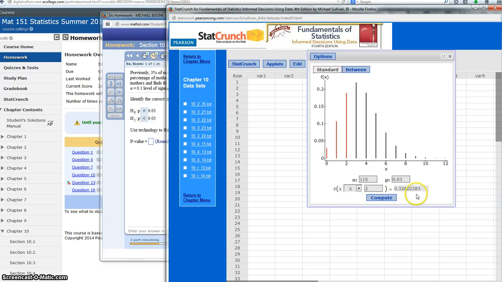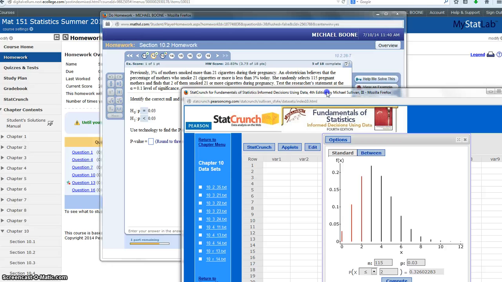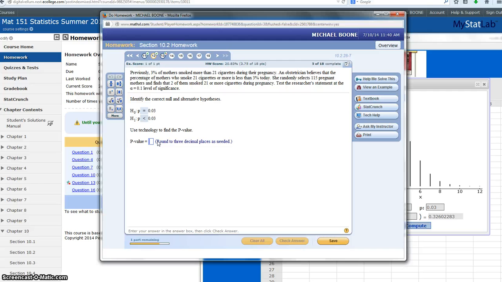And now we get the probability of this happening. So we had 0.03, and it was looking at 2 of them smoking that amount. So what this stands for here is the probability of that happening based off of the information they've given us, 2 out of the 115. So that's 0.326. A 0.326 is our p-value here.